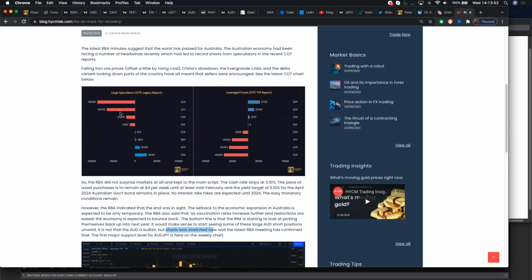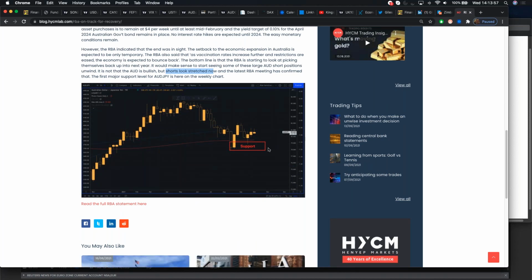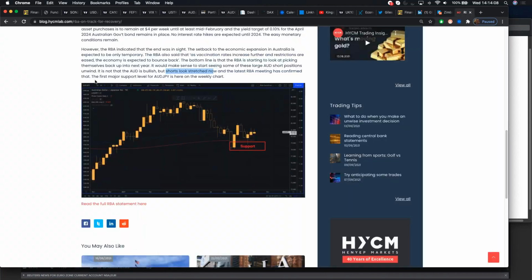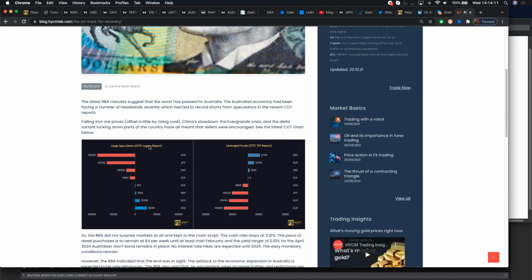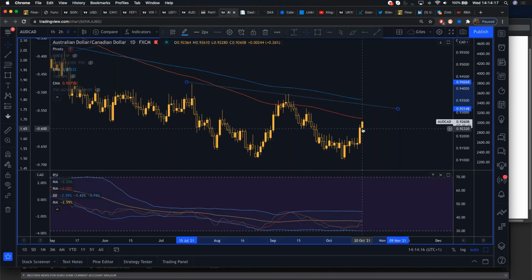Massive stretched shorts. See that really stretched short? Looking at the Aussie yen, it was in that 80.66 region, and you can see Aussie yen now has moved up to the 85.86 region. So that was my take on it, Warren, back on the 6th of October, and my view hasn't changed. Same outlook. But this retracement in the Aussie is a retracement from stretched shorts. It's not bullishness, if that makes sense.